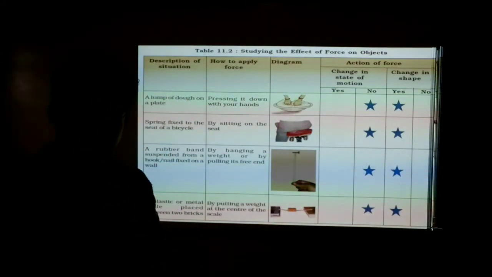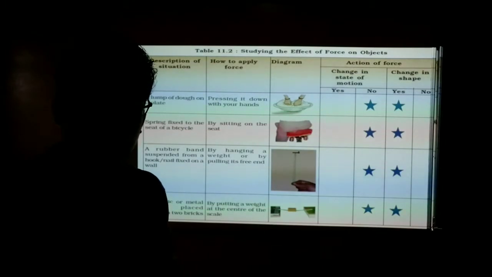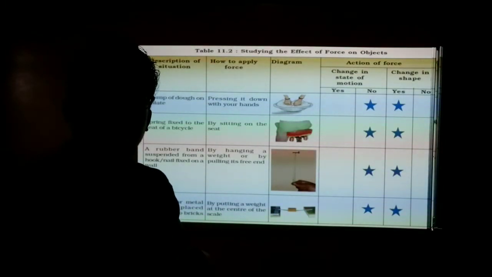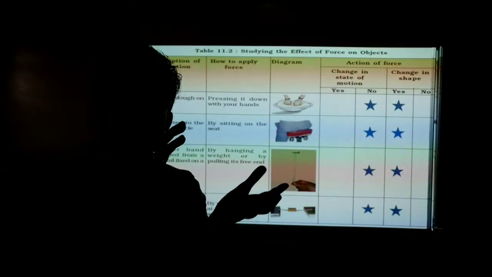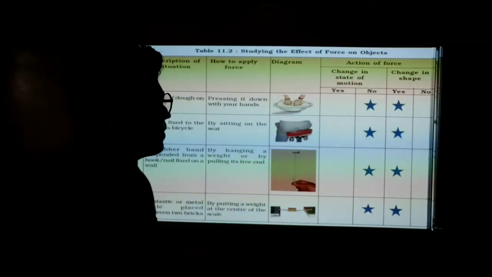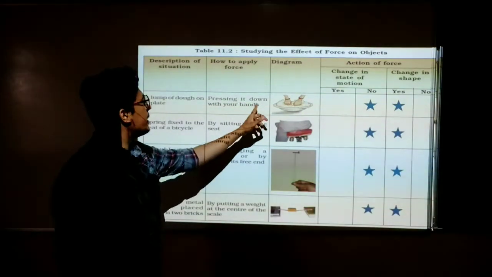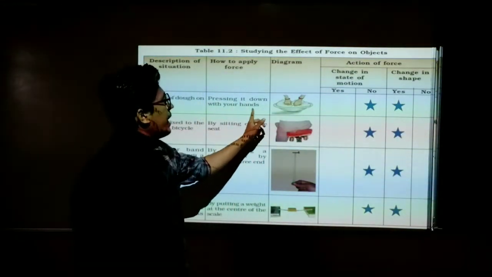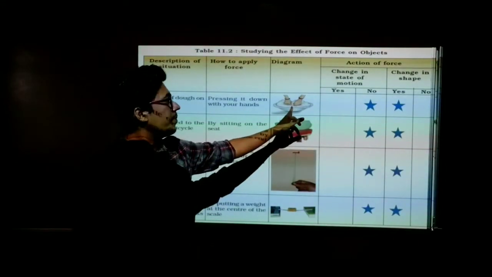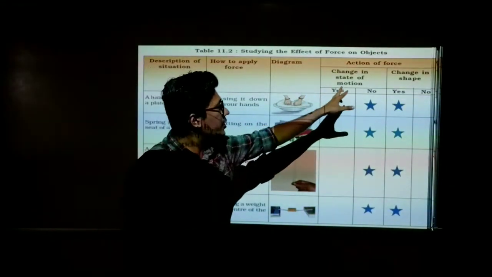So initially we will start with a lump of dough on a plate. Have you ever made a chapati? What you are doing is pushing the atta so that it will bind, and after that you can make a chapati. You are pressing it down with your hands as shown in the figure. So is there a change in state of motion?